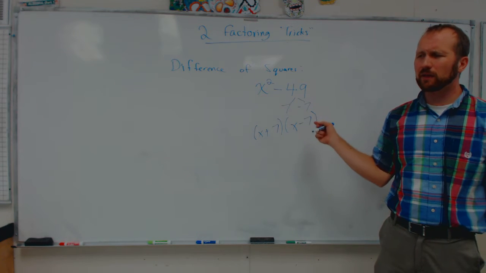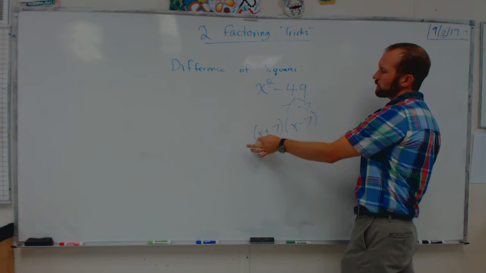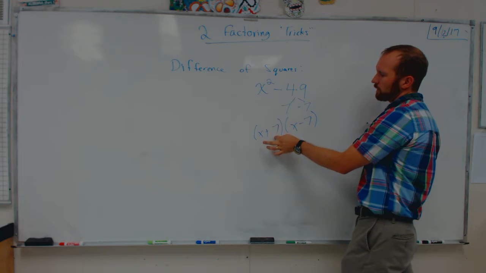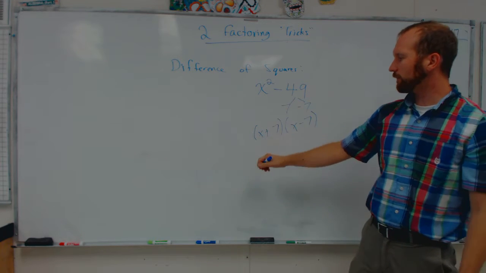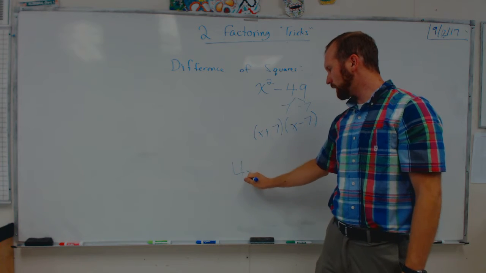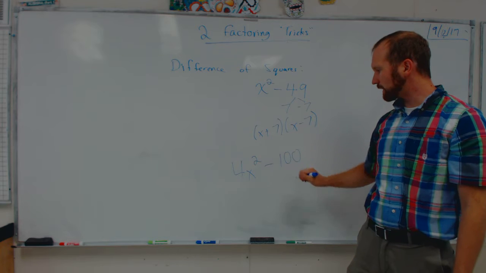Because the way that this trick works is that we're just taking the square root of this here and the square root of this here, plus, and then the same thing with a minus. So I could have like 4x squared, and you guys would actually be able to factor this as well. 4x squared minus 100.